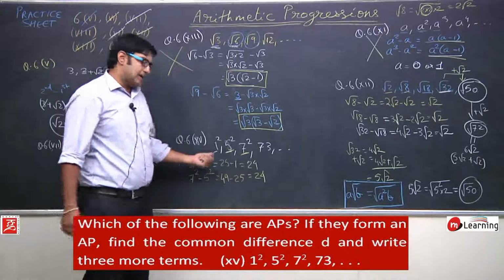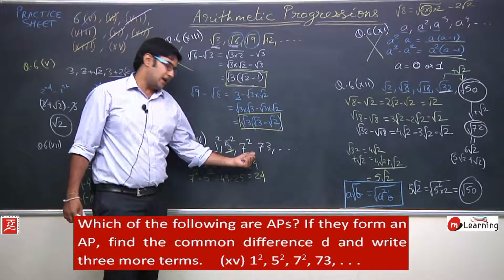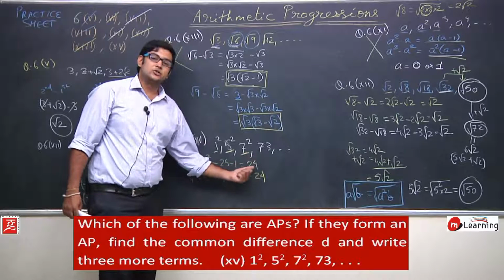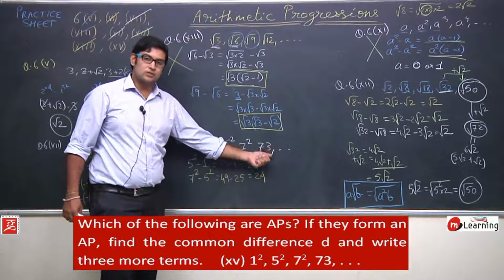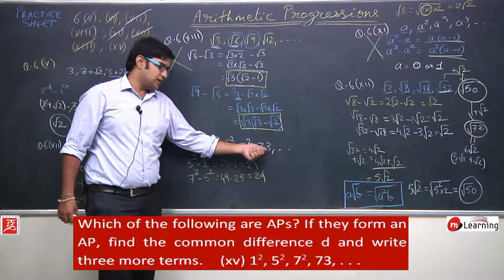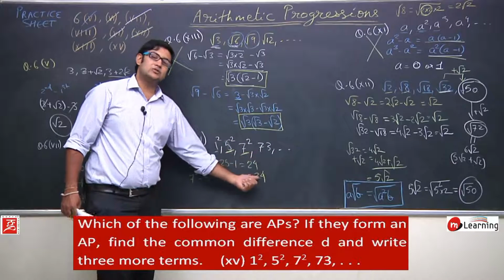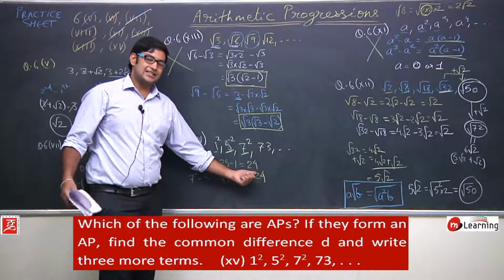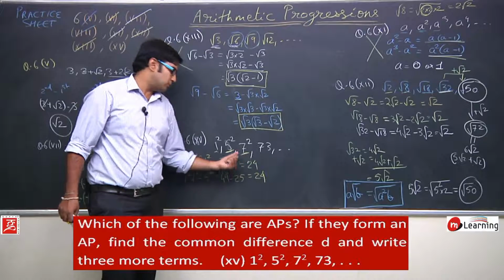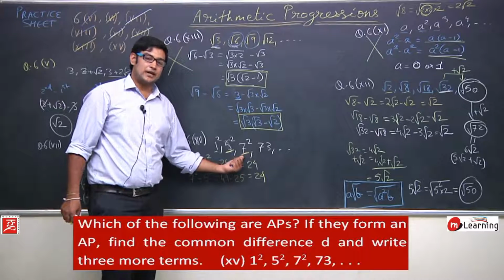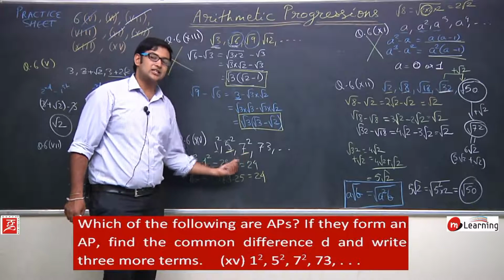Now, I have checked only up to third term and I have got the difference constant. So do I need to check for the fourth term also? Do I need to confirm that the difference between fourth and third term is also 24? Can I directly say that this is an AP based on the result obtained by subtracting these three terms?